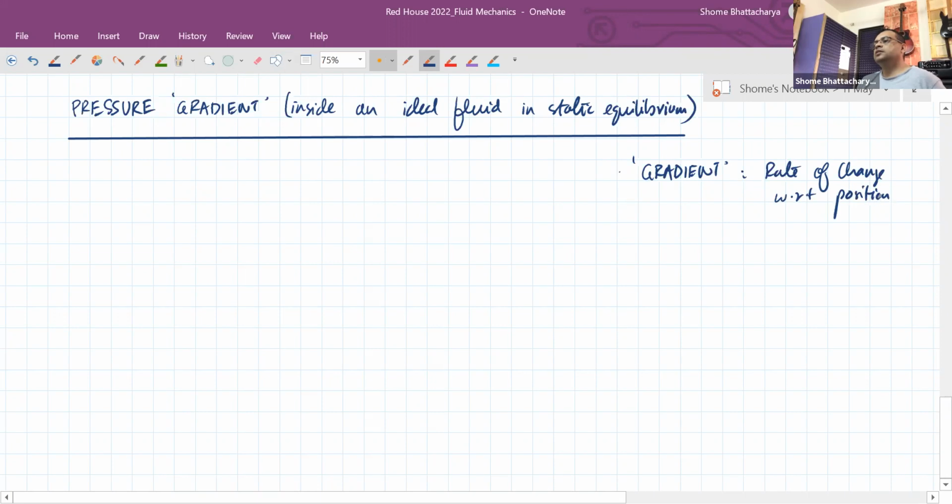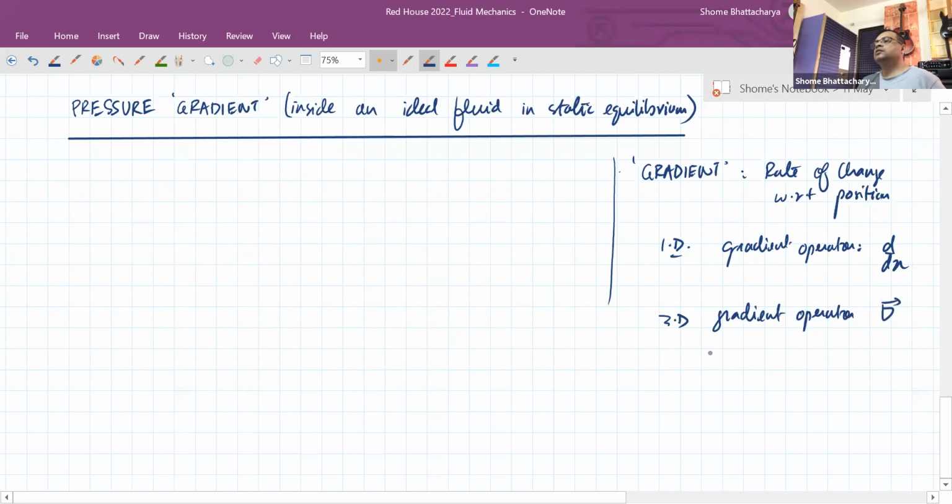So mathematically, in one dimension, the gradient operator is d by dx. But in three dimensions, the gradient operator is this, where you know that this gradient operator, or del operator, is like this.